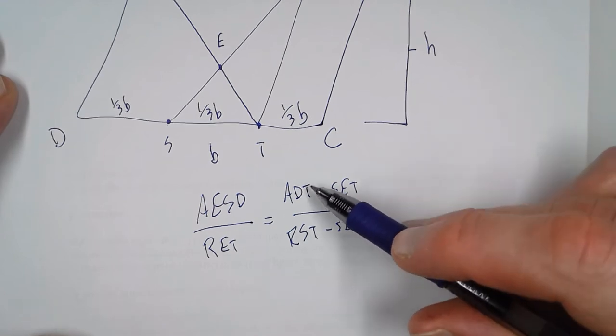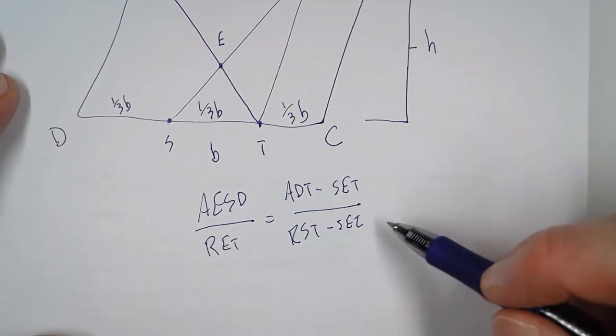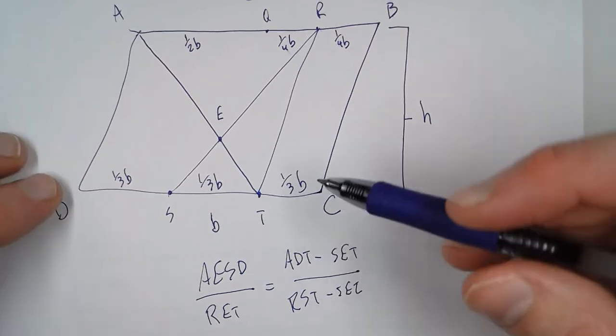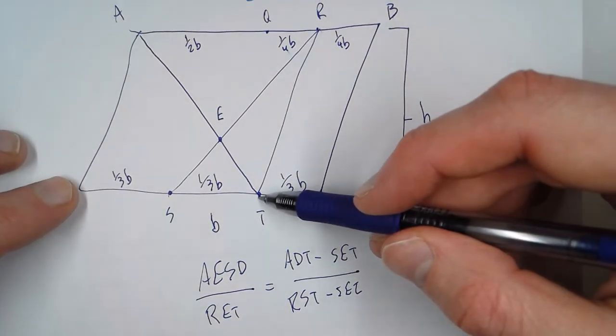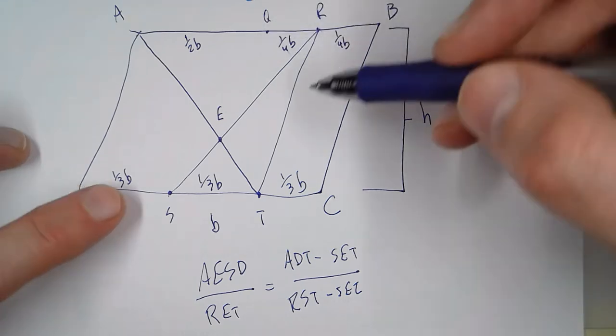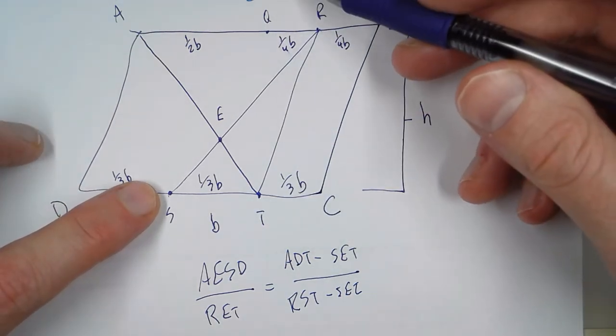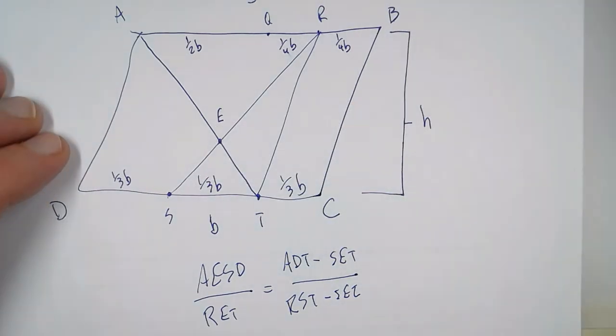So what we have is just the area of these triangles to figure out. Well, we know for ADT, the base is 2/3 B and the height is H. For RST, the base is 1/3 B and the height is H. That's good. But SET is where we run into some problems.